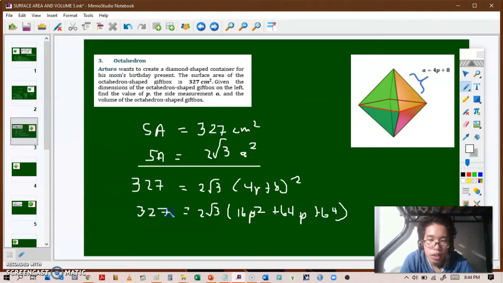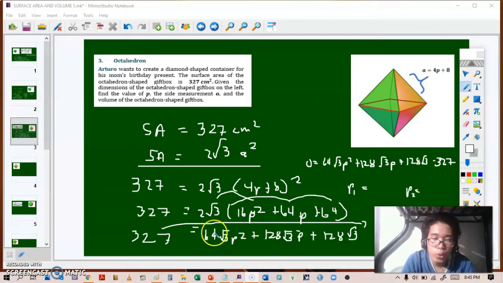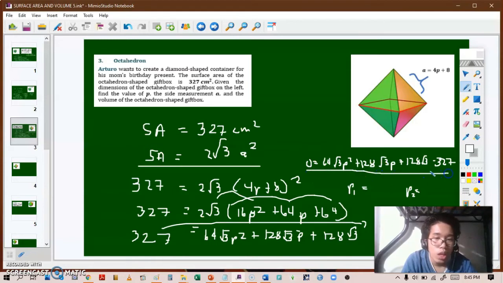And if we distribute the square root of 3 to these terms, we get 327 is equal to 64 square root of 3 p squared plus 128 square root of 3 p plus 128 square root of 3. And then we transpose 327 to the other side, so we're given this quadratic equation: 0 is equal to 64 square root of 3 p squared plus 128 square root of 3 p plus 128 square root of 3 minus 327.